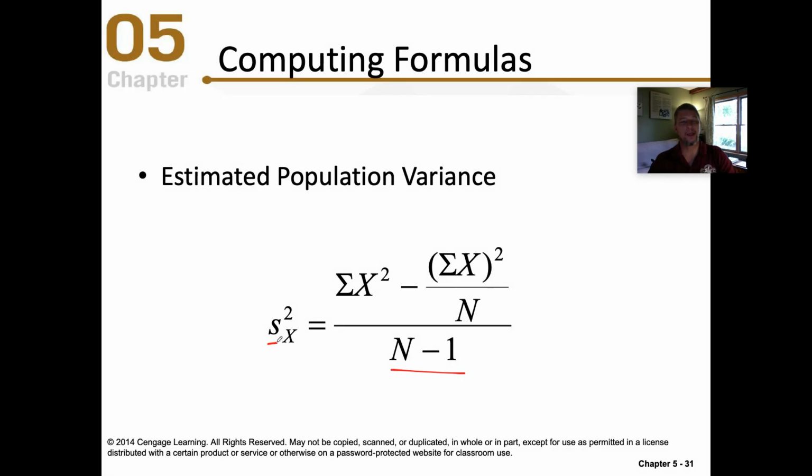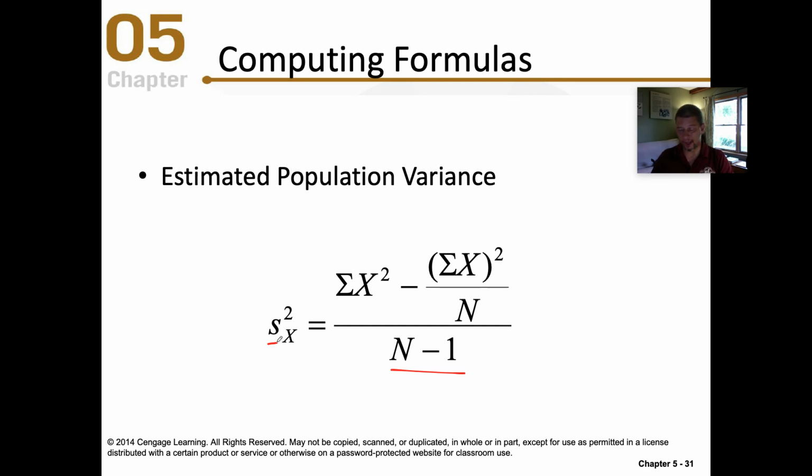So little s squared, the estimated population variance, is equal to the sum of x squared minus the sum of x quantity squared, divided by n, all over n minus 1. That's the estimated population variance.